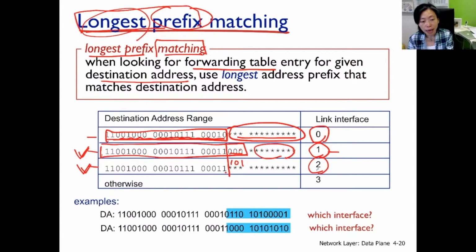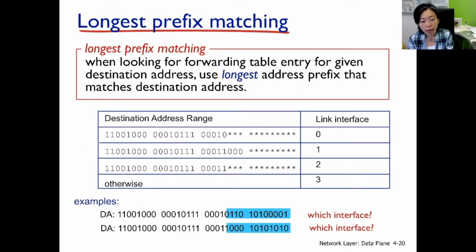All right, let's exercise a little bit. If we get a packet with this destination address, what should be the output interface? Let's see, the first 8 bits match, great. In fact, for all these 3 entries, the first 20 bits are all the same. These two destination addresses also have the same first 20 bits.